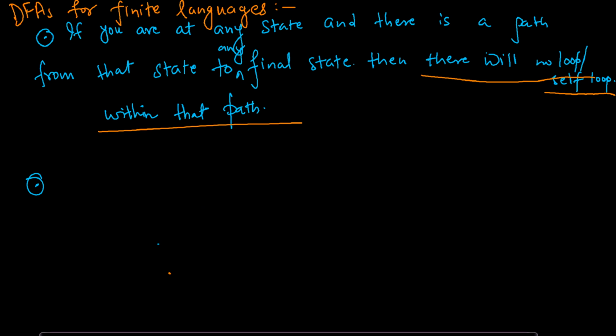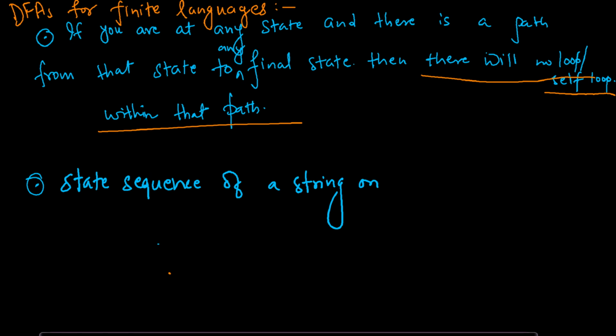If this is the state sequence of a string on DFA M, let's say Q1, Q2, Q3, and so on, QF, QD1, QD2, and so on.